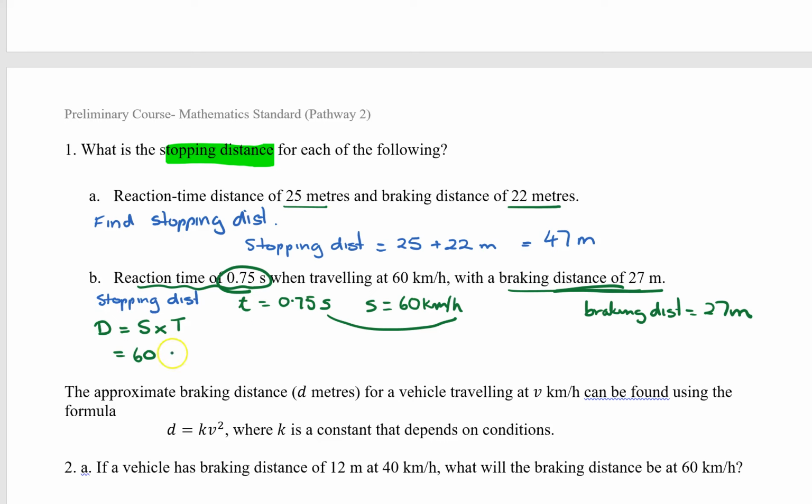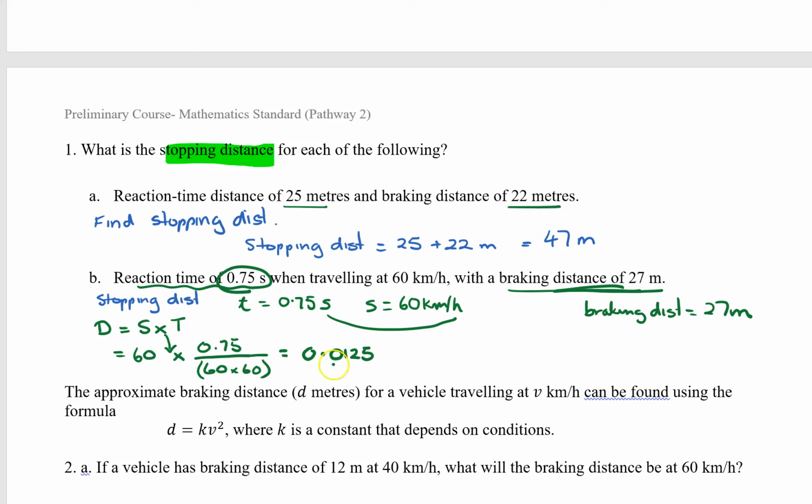To start with, we multiply because the formula says so. Now to get the correct time unit, I take 0.75 seconds. To convert my seconds to minutes, I divide by 60. Now that gets it into minutes. To get it into hours, I have to divide by another 60, which you put underneath in a bracket, and you multiply.